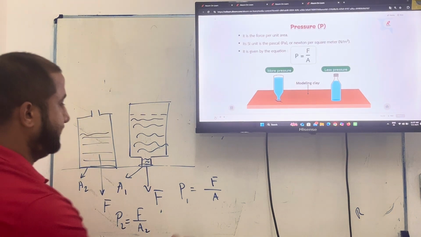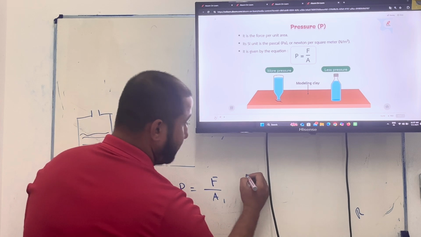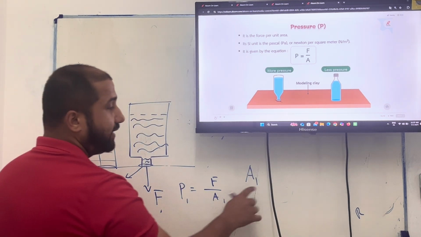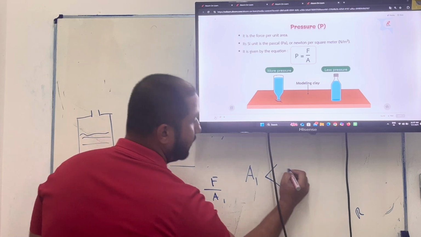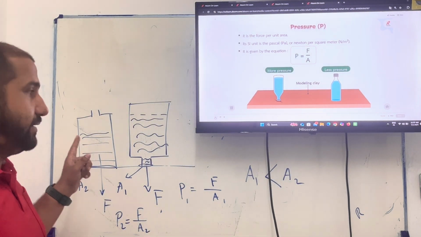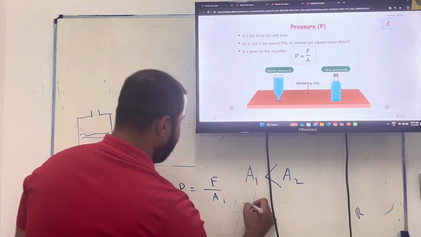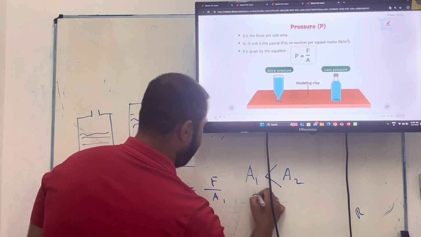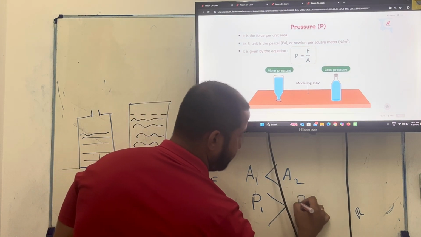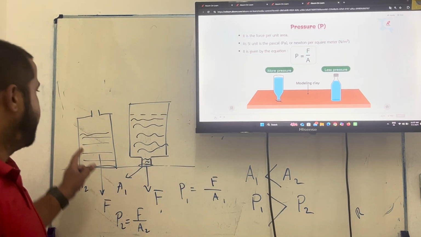As you can see, area 1 is much smaller than area 2. That means the pressure will be bigger than the second one.